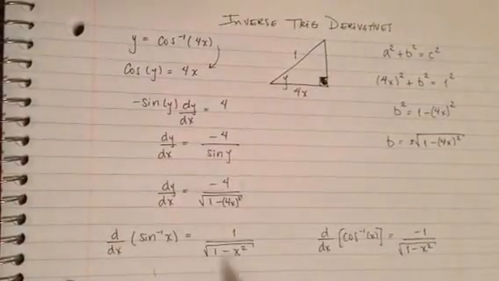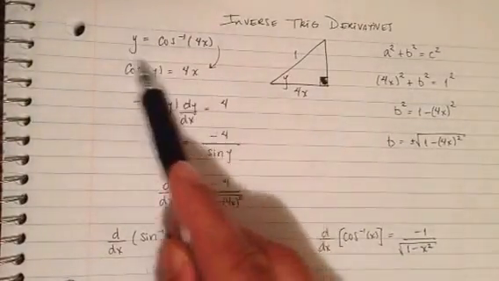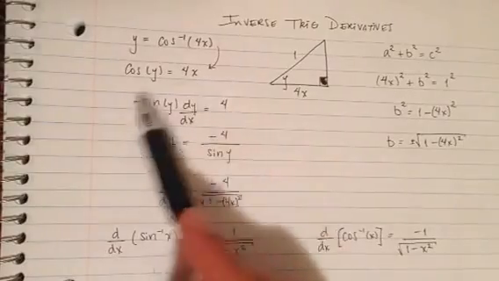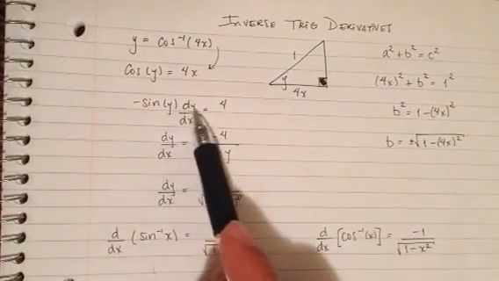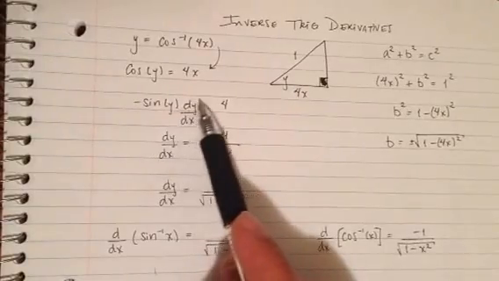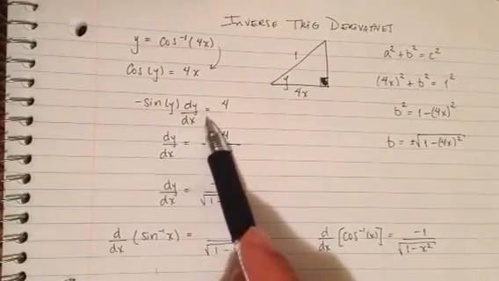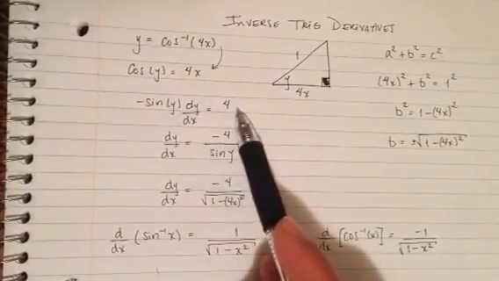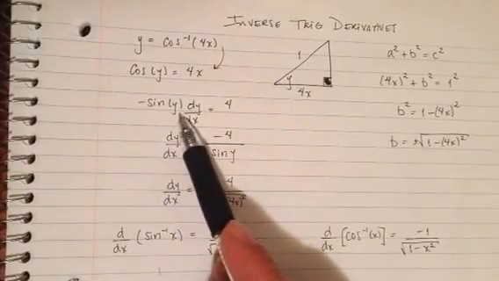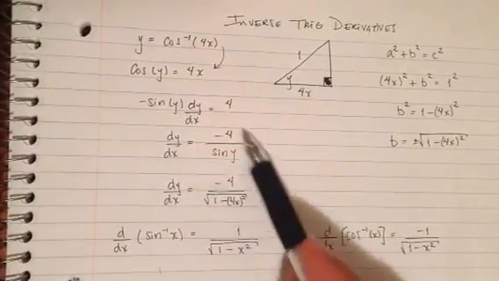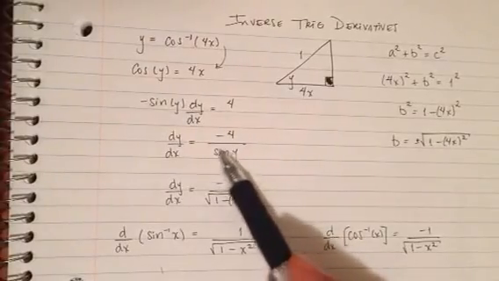Now, when we take the derivative, we're going to do it implicitly. The derivative of cosine is negative sine y, but because there's a y inside of it, we multiply by dy dx, and that equals the derivative of 4x, which is 4. When I solve for dy dx, dividing by negative sine of y, we get this relationship here. Well, what is the sine of y?